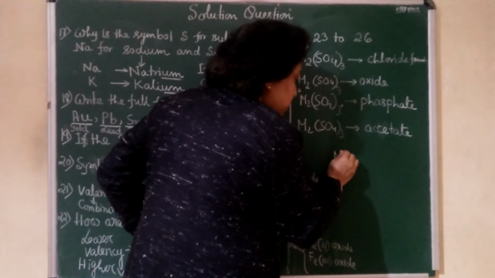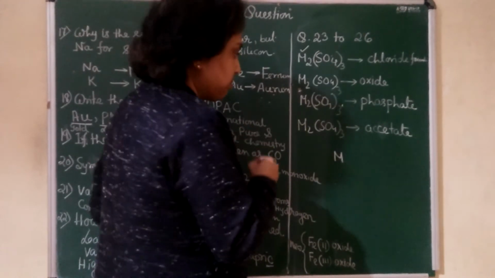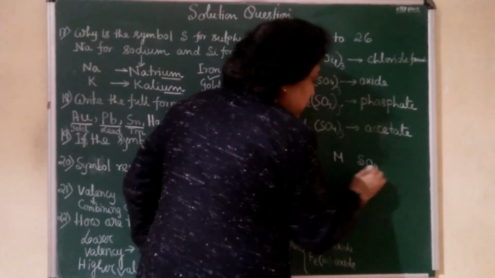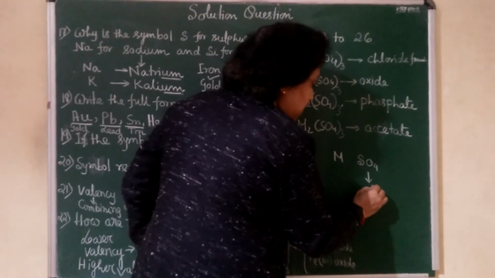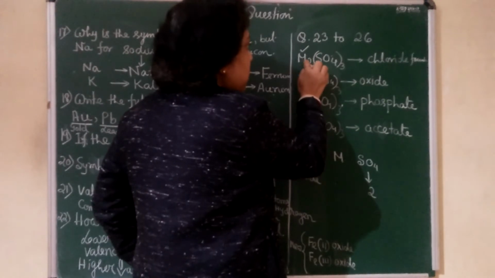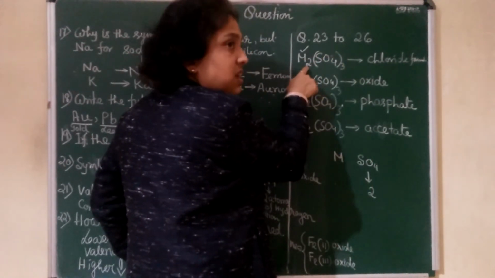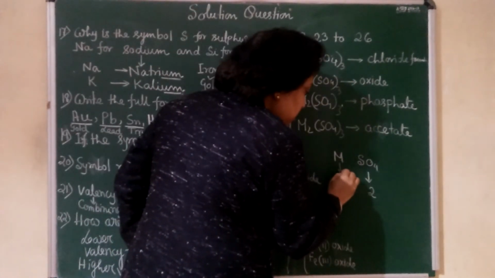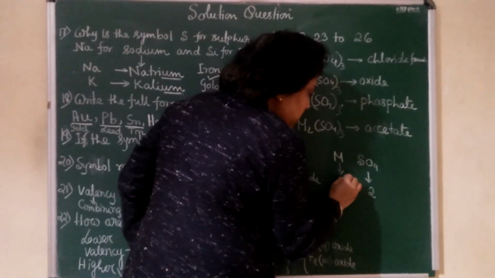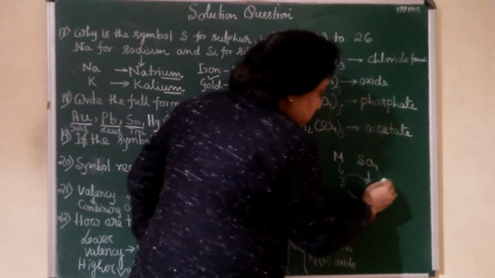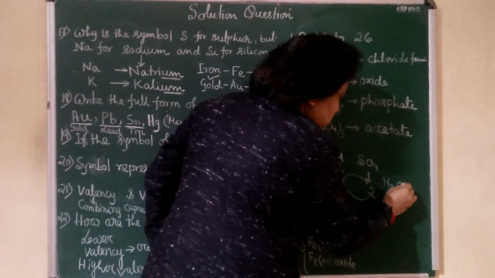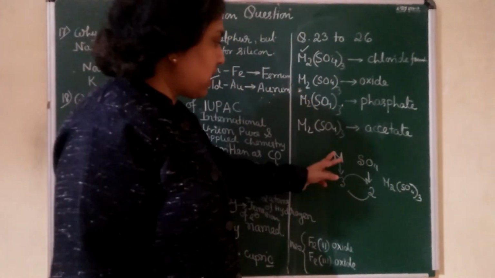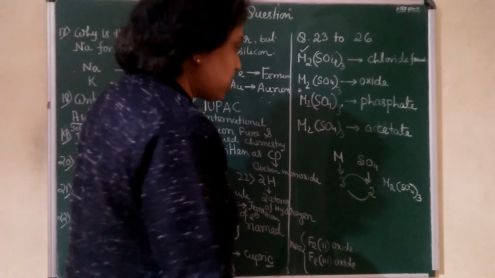A formula is written by interchanging the valency. M is the metal and sulfate valency is 2. That's why the sulfate valency came along with M. And the metal valency is 3. When you interchange, you get M2(SO4)3. So the metal valency we got is 3.